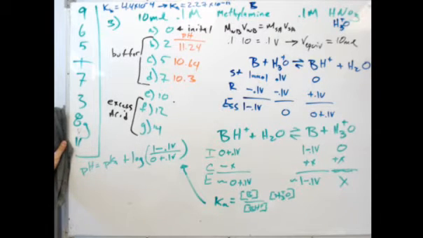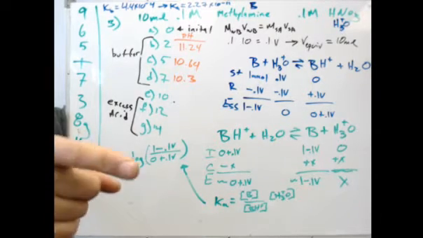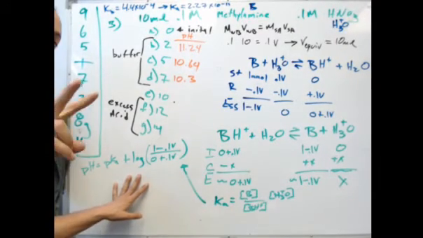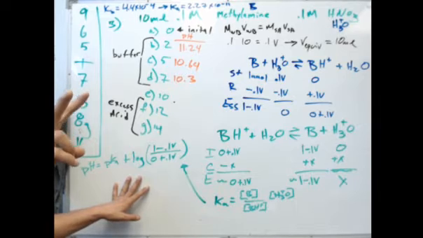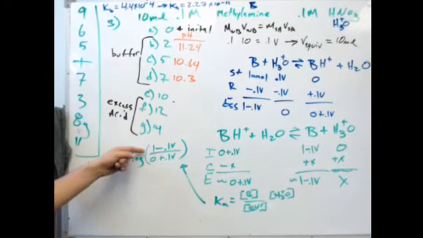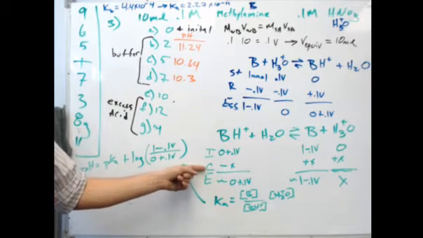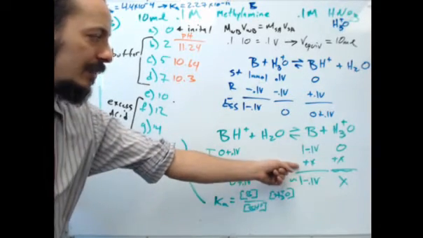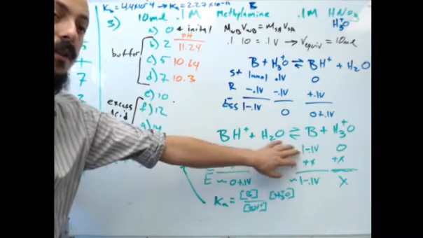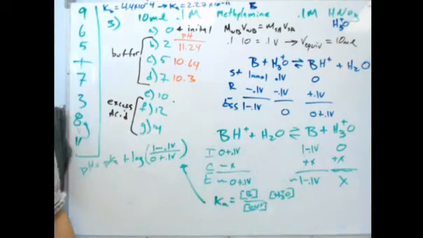Can you use that equation even if you're not in the buffer region? No. This equation only works in the buffer region for at least two reasons. We used the x-small approximation for the BH plus, and we used the x-small approximation for the B, the weak base.